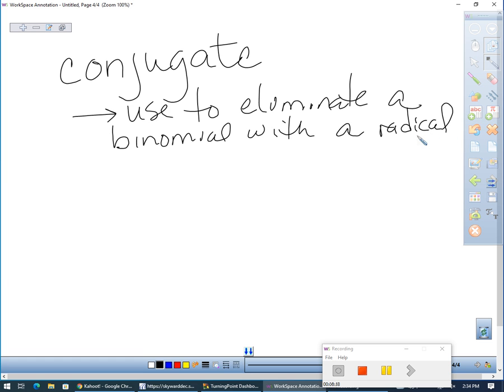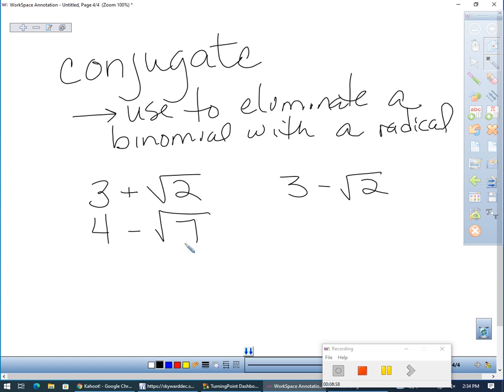So let's just remind you what the conjugate was. If in the denominator we had something like 3 plus the square root of 2, the conjugate was 3 minus the square root of 2. Just change the middle sign, right? If I have 4 minus the square root of 7, the conjugate would be 4 plus the square root of 7.